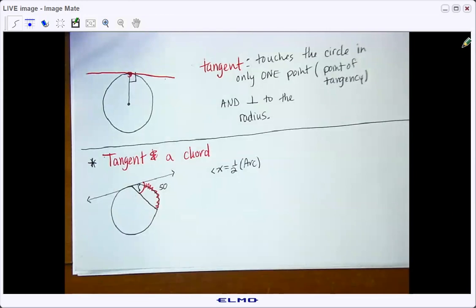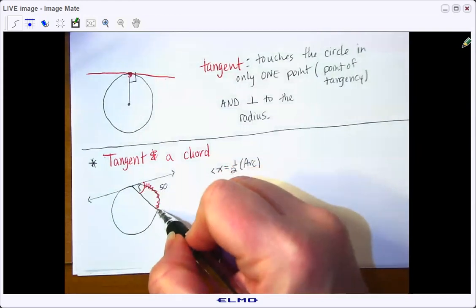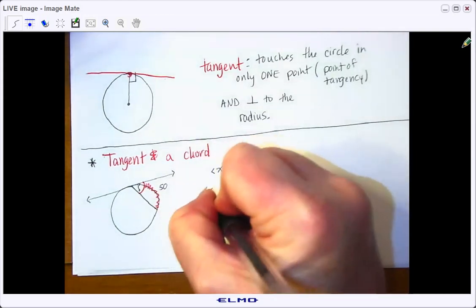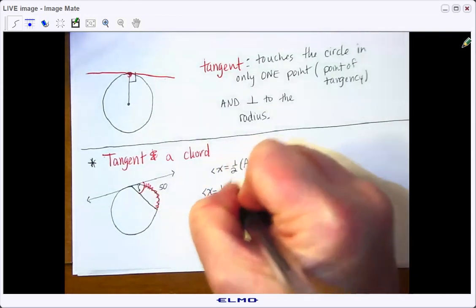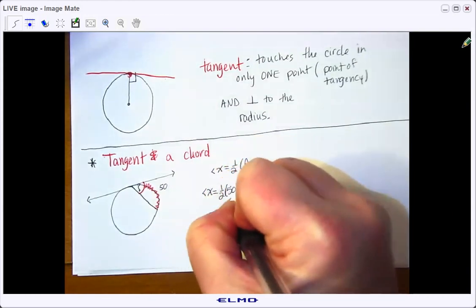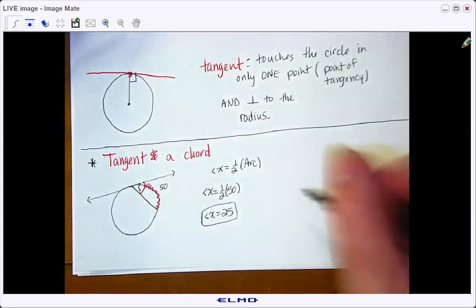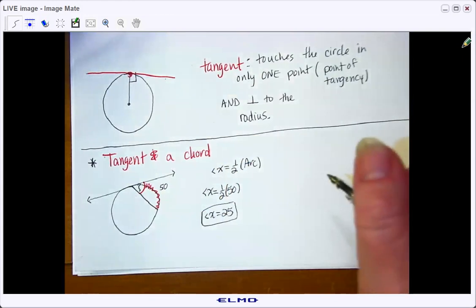If you put 25, you were absolutely correct. A couple of you were close. So the arc right here is 50. So we just say the measure of angle X is 1/2 of 50. So angle X is equal to 25. And what that looks like when you're showing work is 50 divided by 2 is 25. That's it.